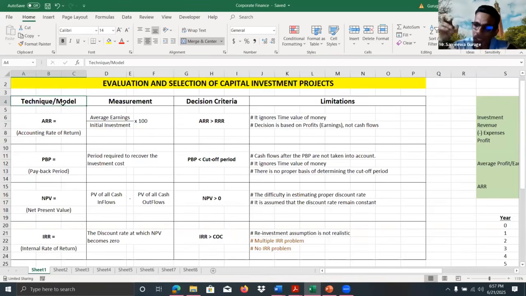Cash flow, actually, rather than a method, is one principle we have to consider when we are evaluating a capital investment. The decision should be based on cash flows, not profits, because you know very well why profit is not the correct measure to evaluate a project, as chartered accountants in a few days. You know very well profit is based on what?